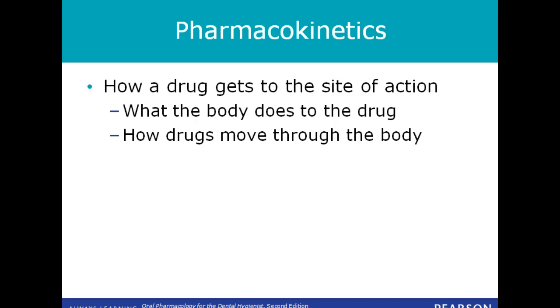As we learned last week, pharmacokinetics involves how a drug gets to the site of action, what the body does to the drug, and how the drug moves through the body.